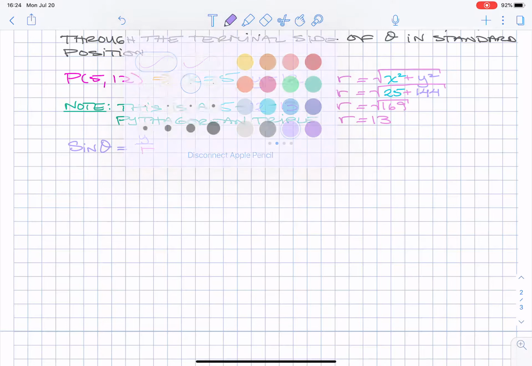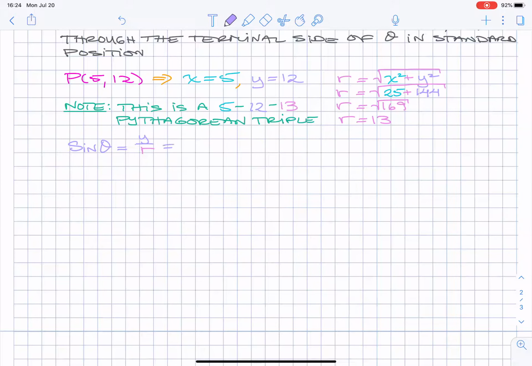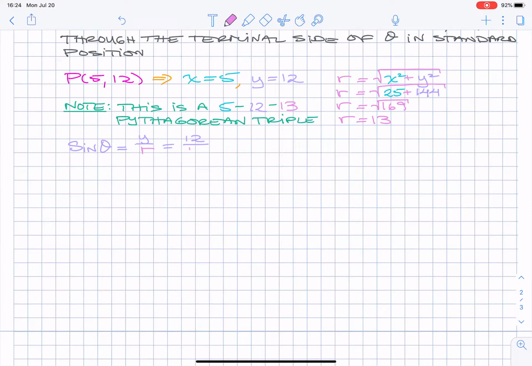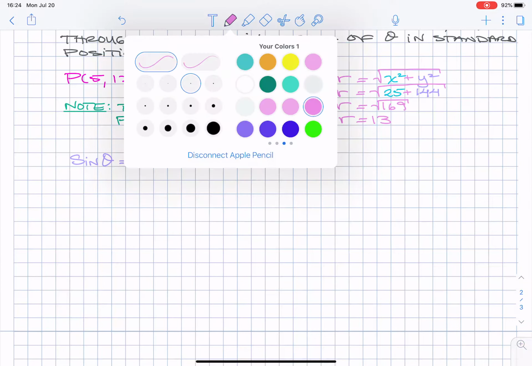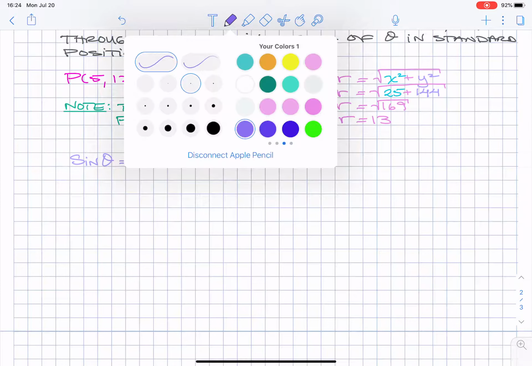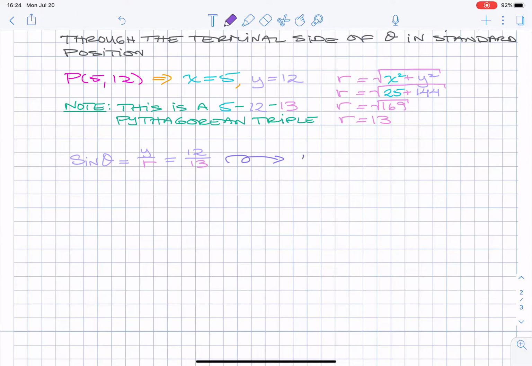Okay, so for us that's going to be 12 over 13. Actually, maybe I should move this down a little bit so I have more room. Okay, so right away I can find the reciprocal. Since sine begins with an S, its reciprocal begins with a C. So that's cosecant of theta, which will just be the reciprocal.